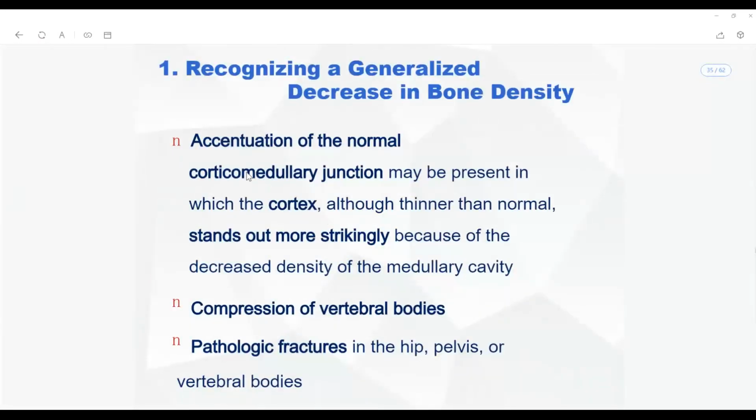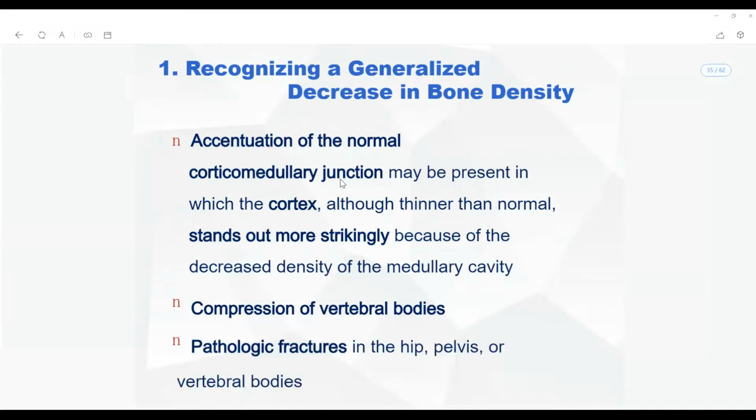And you see here, again, the same thing is going to happen. There will be attenuation of the normal corticomedullary junction, right? Since there is decreased activity of the osteoblasts and increased activity of the osteoclasts, there will be loss of density, or attenuation, along the normal corticomedullary junction.